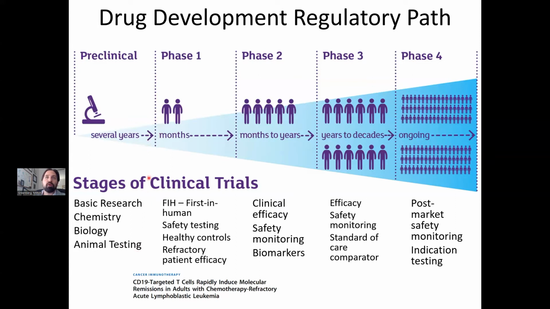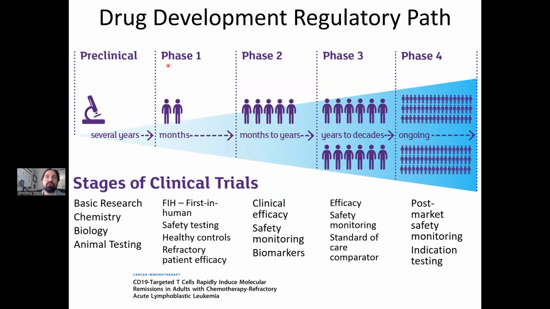Ultimately, once we have a critical mass of data, both for safety and efficacy and pharmacology and manufacturing, from there we can go to the regulatory body, the US Food and Drug Administration, and we can ask for an IND, an investigational new drug application. The investigational new drug application will give us permission to go into first-in-human testing.